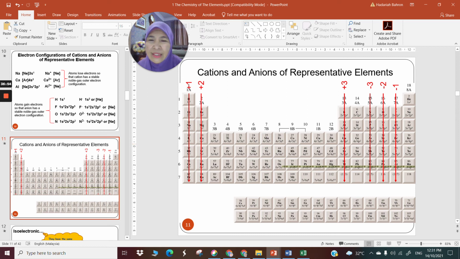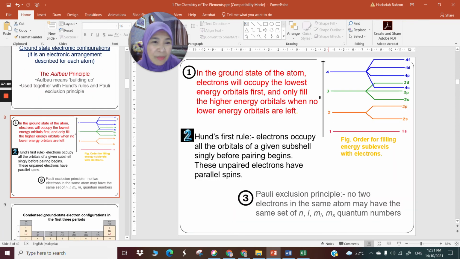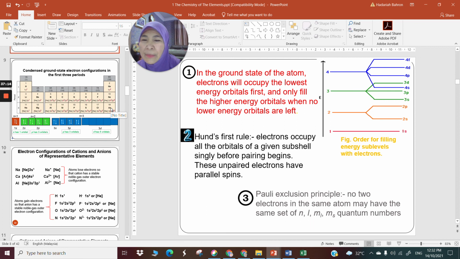So the next one, electron number 19 and 20 will go to the 4s first here, because 3p has been full. So 4s for electron number 19 and 20.